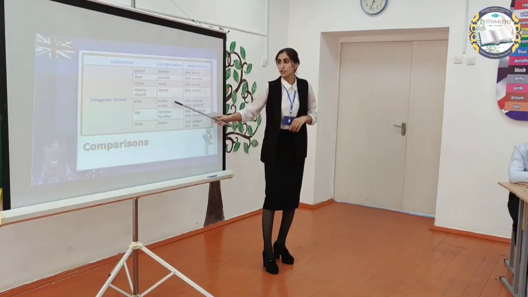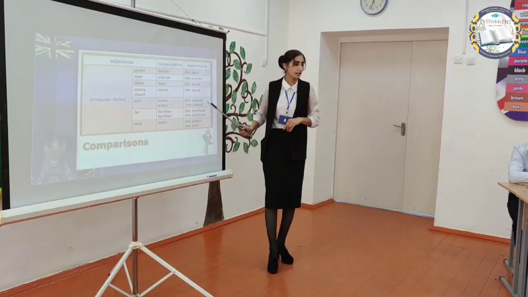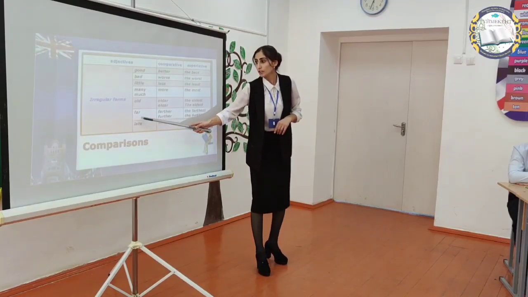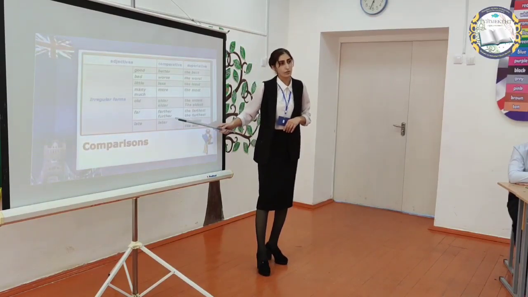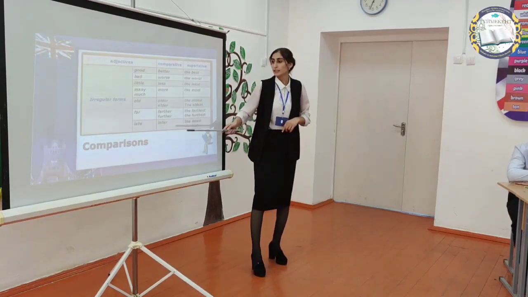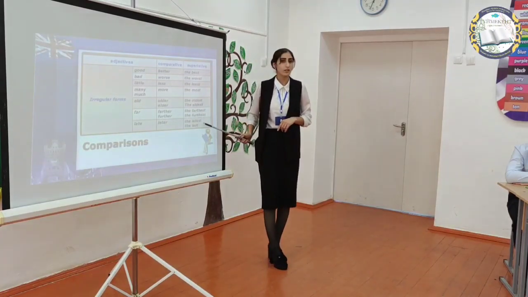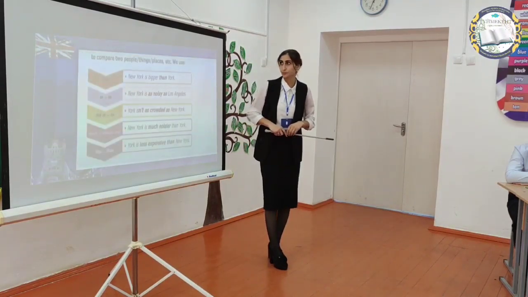Old, older or elder, the oldest or the eldest. Far, farther or further, and the farthest or the furthest. And the last one is late, later, the latest or the last.